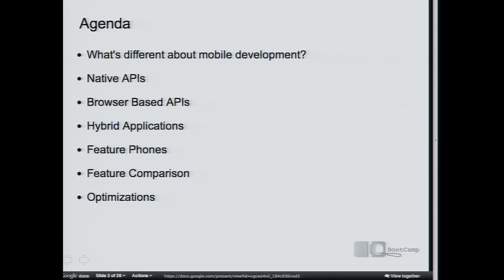At the end, I'm actually going to go through and do a comparison feature by feature, what the major features are and what you have on the different platforms. And you'll see from that why I recommend the JavaScript API. And then finally, I'm going to talk about some optimizations that you can use to make your maps faster.